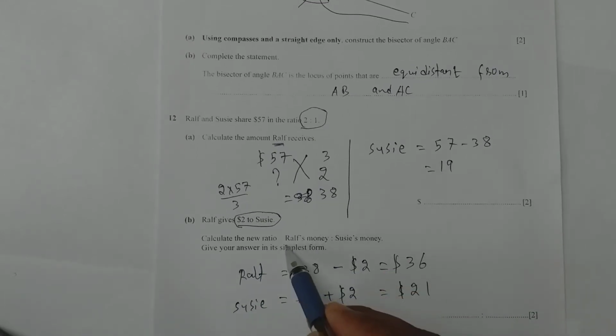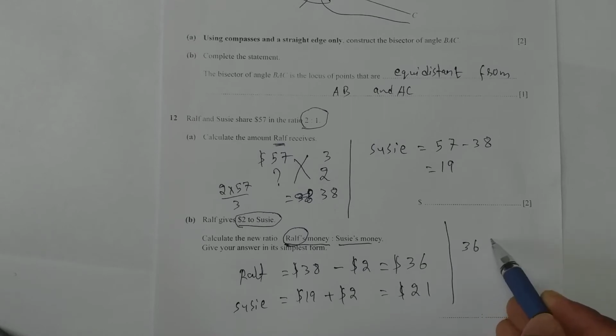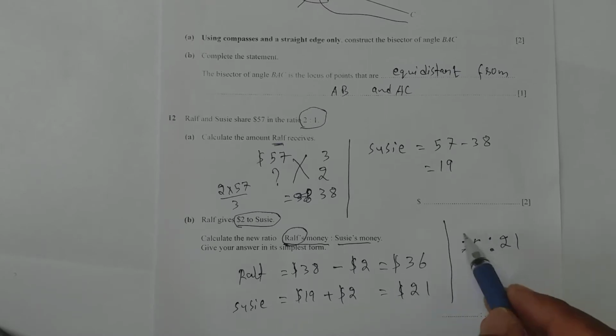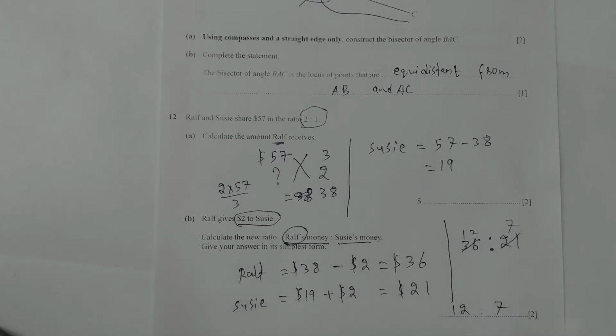Calculate the new ratio of Ralph's money to Susie's money. First, Ralph's money should be kept, which is 36. So 36 is to 21, Susie's money. Now cancel. 3 times 12, 3 times 7. So this is the answer, 12 is to 7. Did you understand?